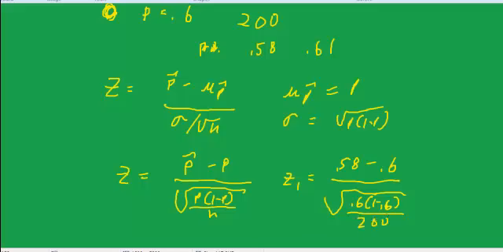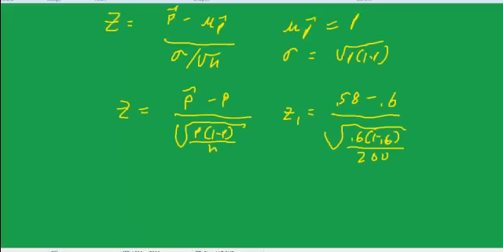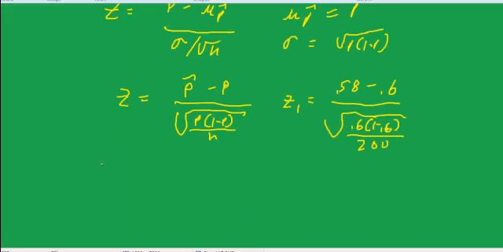And then z2, our second boundary, will be 0.61 minus 0.6 all over square root of 0.6 times 1 minus 0.6 all over 200.